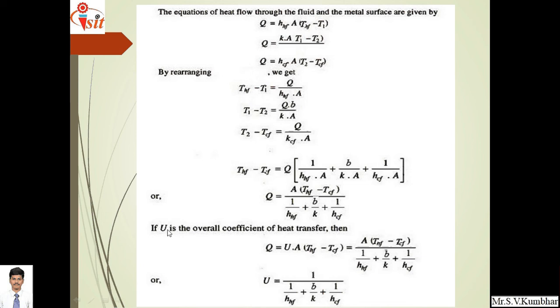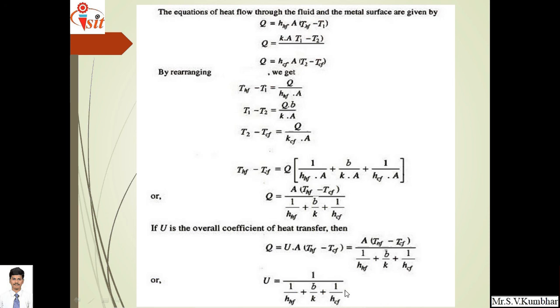Now if U is the overall heat transfer coefficient, then this equation can be written as Q is equal to UA (THF minus TCF), which is equal to A (THF minus TCF) upon 1 upon HHF plus B upon K plus 1 upon HCF, where U, that is the overall heat transfer coefficient, is 1 upon (1 upon HHF plus B upon K plus 1 upon HCF). This is known as the overall heat transfer coefficient.